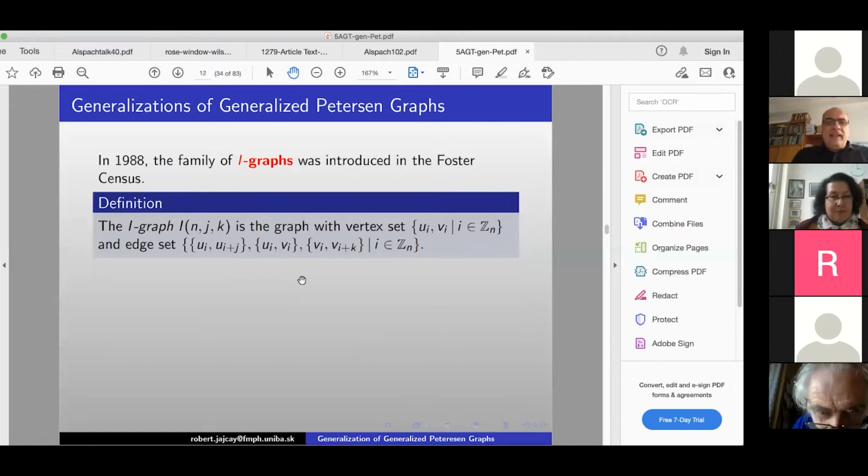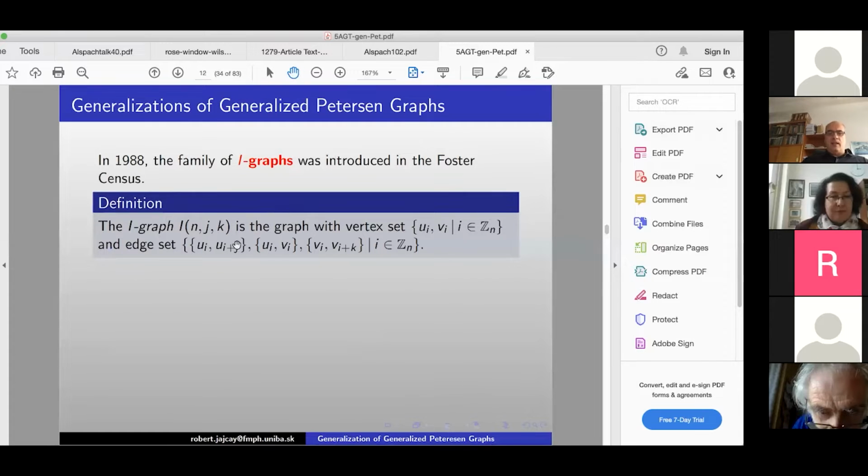Next, I will go into a few generalizations of generalized Petersen graphs that are known from previous research. So in 1988, in the Foster census, the I-graphs were introduced. And again, the idea is the same idea that I started with: you want to describe the graph with a very small set of numbers, using arithmetic modulo n. So you have, again, two sets of vertices, the outside and inside vertices.